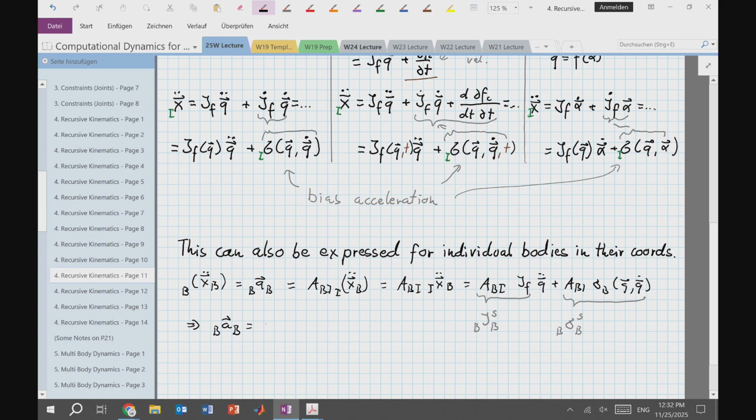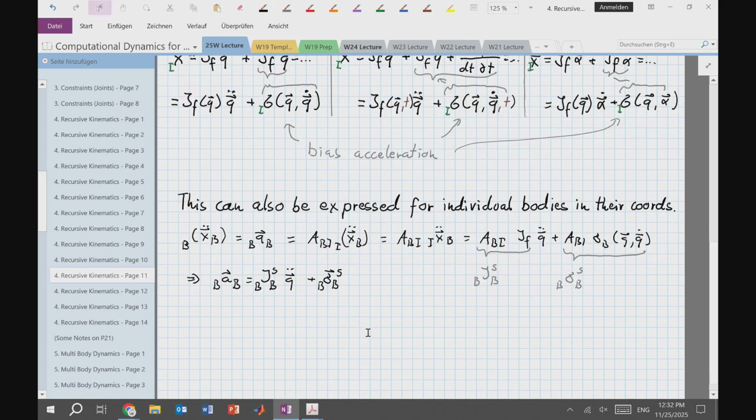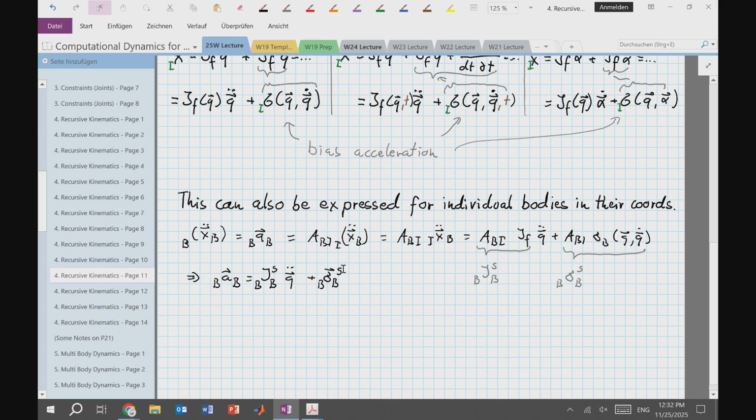Here just written for translational motion for simplicity, where I say the acceleration of a body B is this translational Jacobian times the generalized acceleration plus some bias term, which is a vector expressed in B coordinates. And here we're talking about the translational bias acceleration, so that's where we get an S.